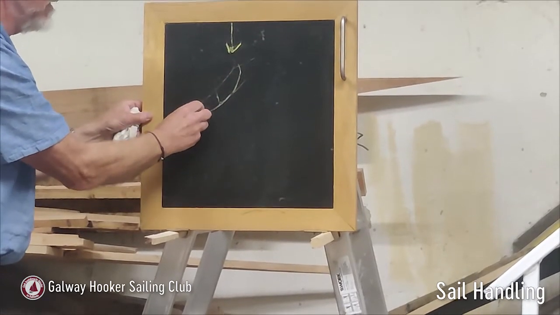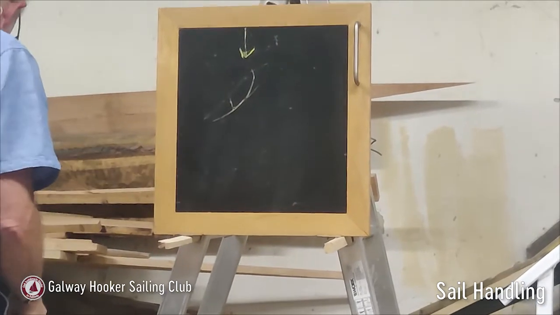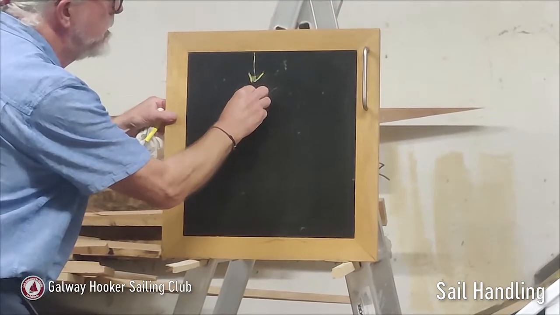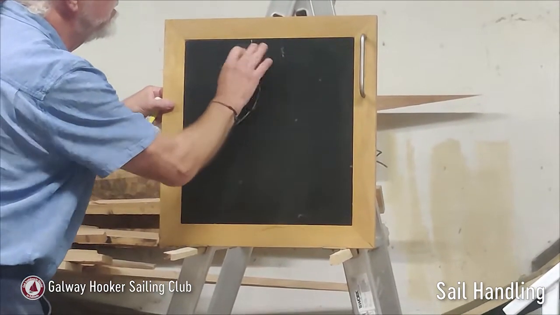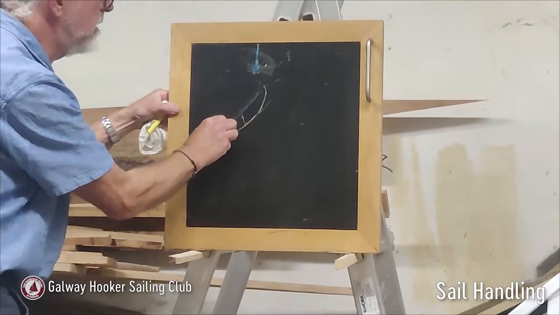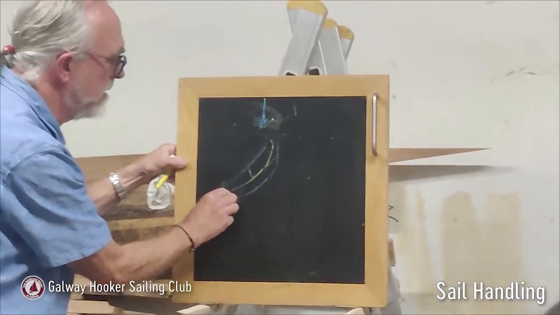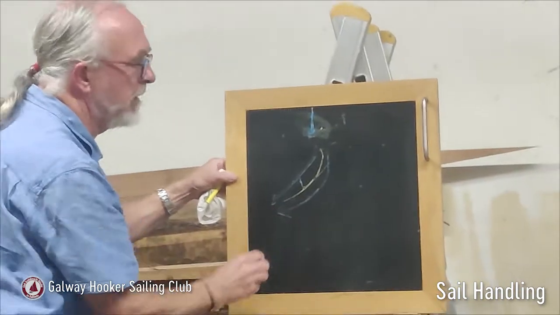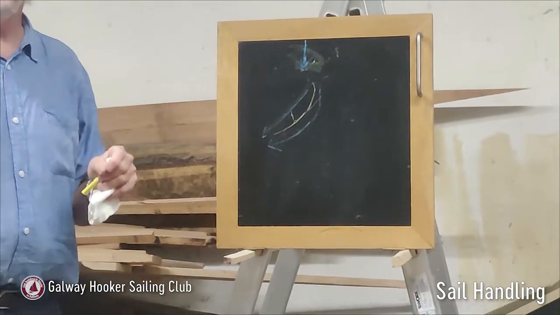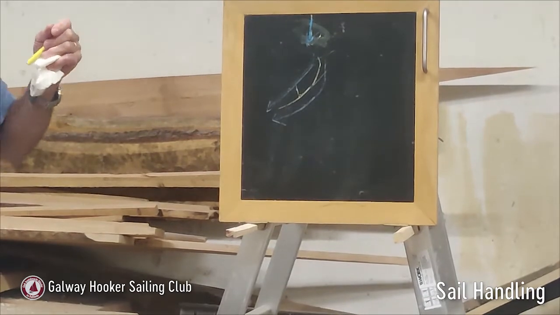If the sail is set correctly, I'll do it in a different colour. So we've got blue wind, and it comes around the sail like that, and around the front of the sail like that. So it splits, and when you've been out on a boat, you see the sail has this lovely tension shape.